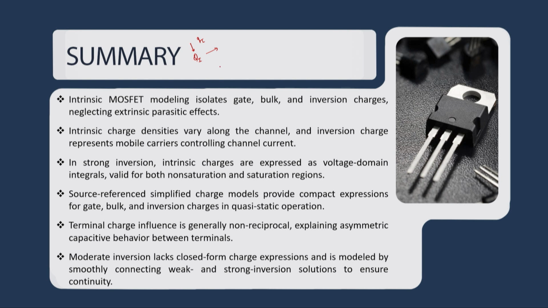We showed that to relate the charge with respect to voltage, we need to change the variable, and we changed the variable as dx equals minus mu into W divided by IDSN into dVCB into minus of QI dash, or it will be plus because I have taken minus out, right. So, that is how we can change the variable and find the total charge with respect to the terminal voltages.